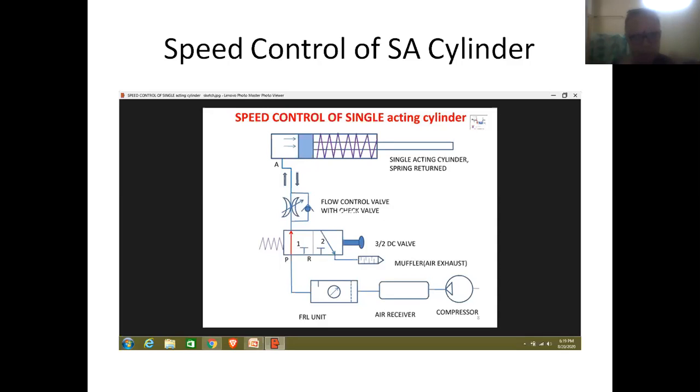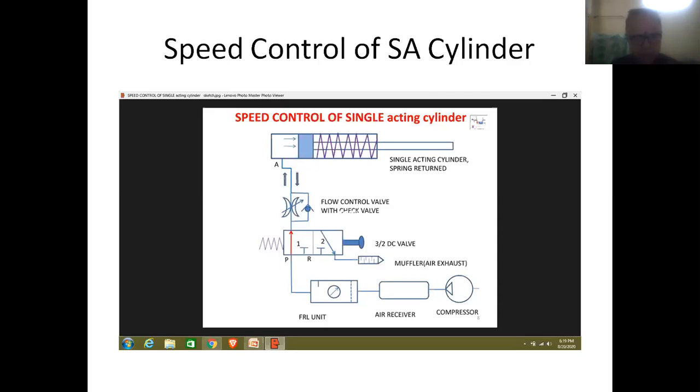A filter for removing impurities present in the fluid, a regulator for controlling the pressure of the fluid that is entering the circuit, and a lubricator for sending lubricating oil for lubricating the piston that is moving inside the cylinder.